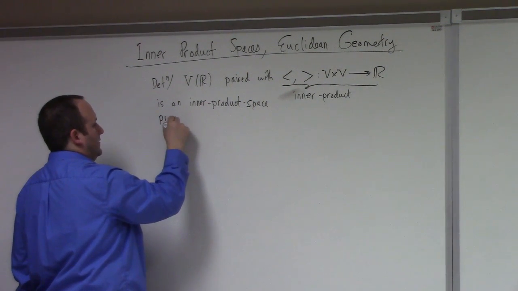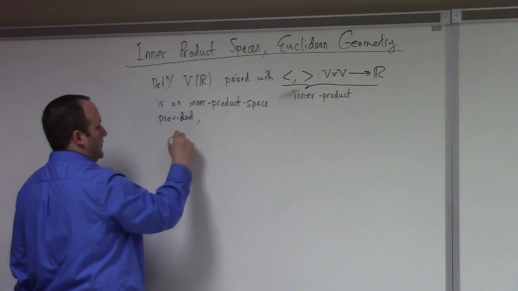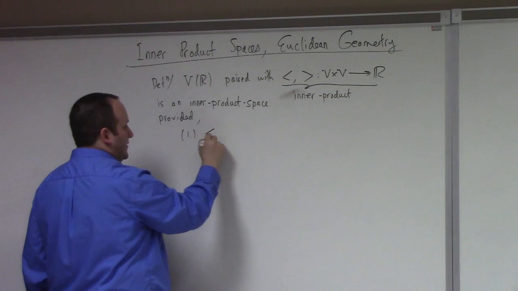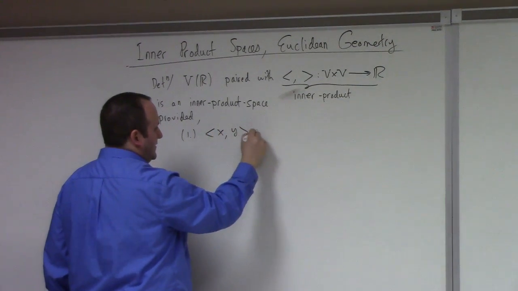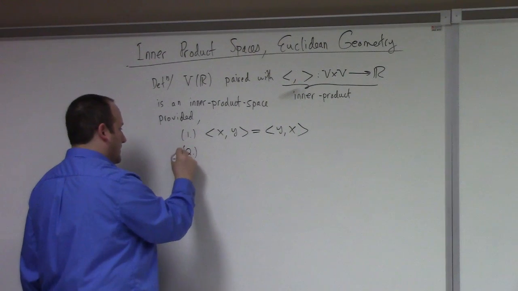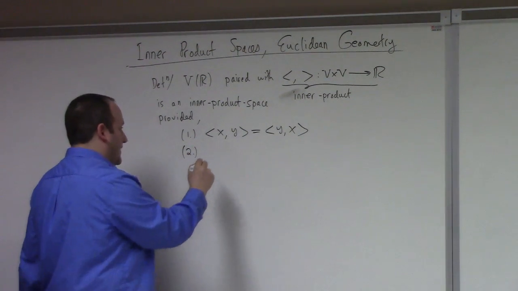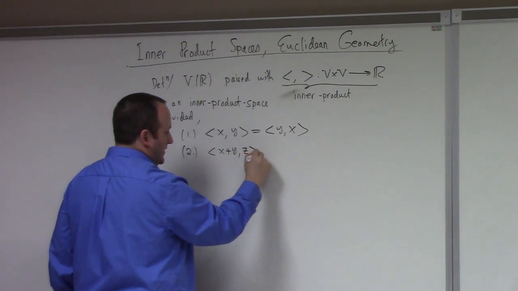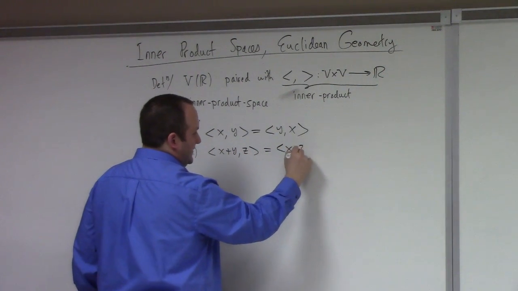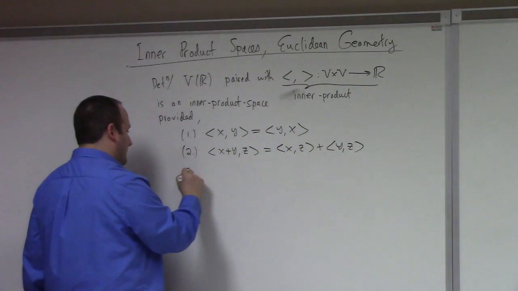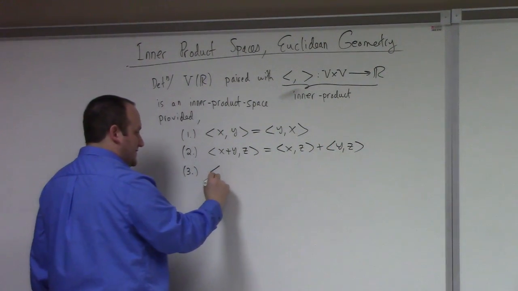Provided a couple things. First of all, we need to know that the bracket of x and y is equal to the bracket of y and x. 2, we need to know that if we have x plus y with z, we get the bracket of x with z plus the bracket of y with z. 3, we need to be able to pull constants out of the first slot.